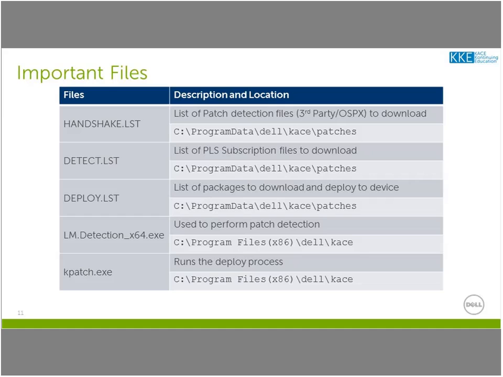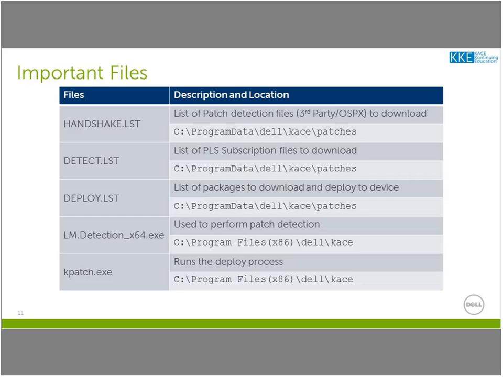Okay. The deploy.lst. So we've done a detection, and we now know which patches need to be deployed onto this machine. We're going to build a list of those patches. That's the deploy.lst. The lm_detection_x64.exe. This is the specific executable that is used to perform the detections.